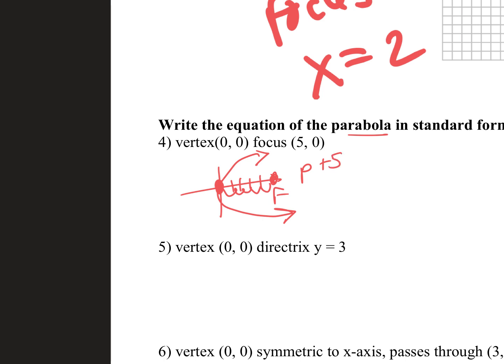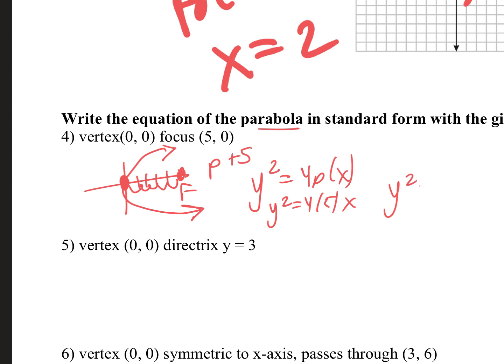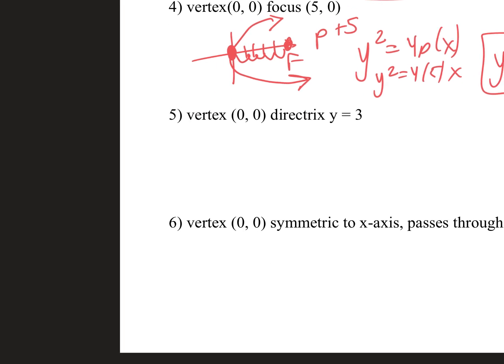You're 5 spaces. So this is a y squared equals, because you're opening left and right, 4p times x. So I have y squared equals 4 times 5 times x. So my equation is y squared equals 20x.